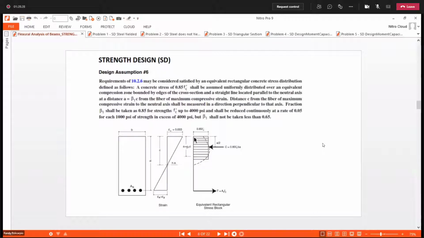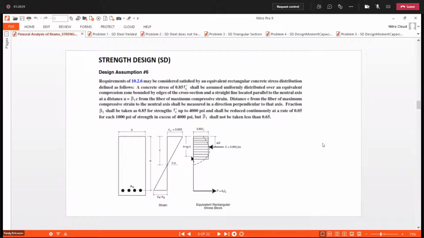So yung ating rectangular compressive block, ang kanyang pinaka-depth ay equal to A, designated as A, wherein A is equal to beta 1C. Okay, so merong factor na minultiply dito sa location ng neutral axis. Kasi ang neutral axis natin up to the extreme compressive fiber is C.